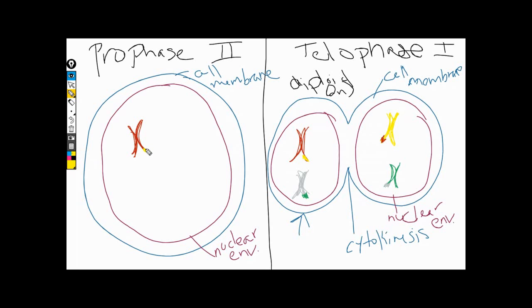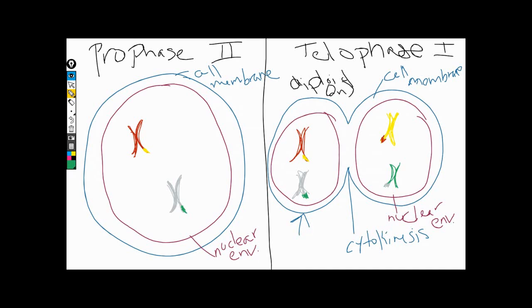I maintain that piece of crossing over from meiosis 1. Okay, and here, the gray one. Here's my chromosome 2. It also maintains its strip from crossing over.